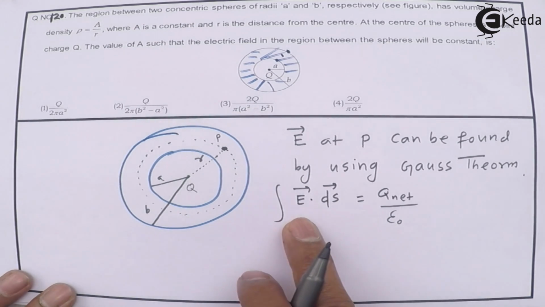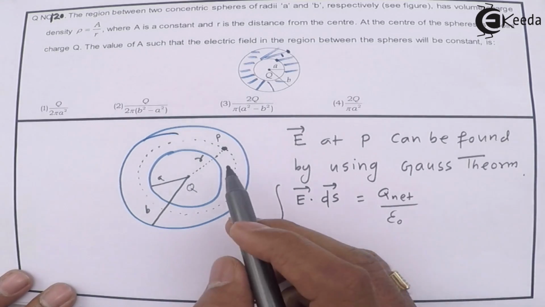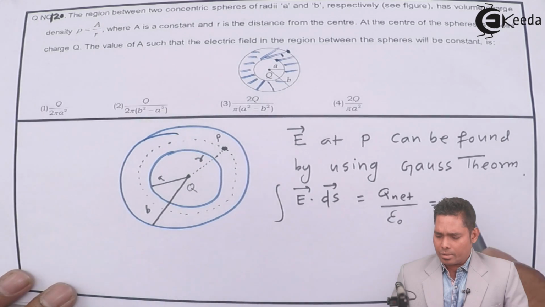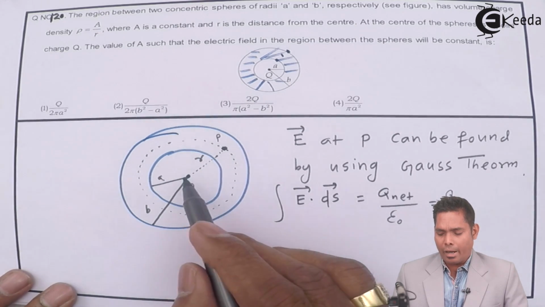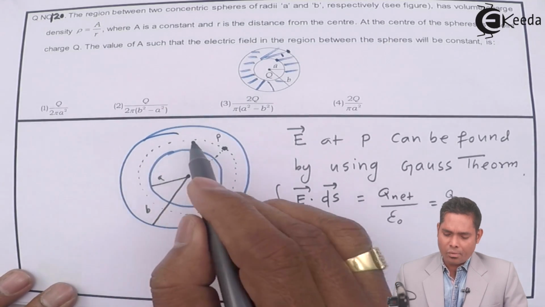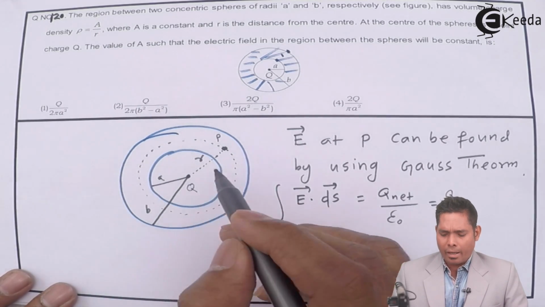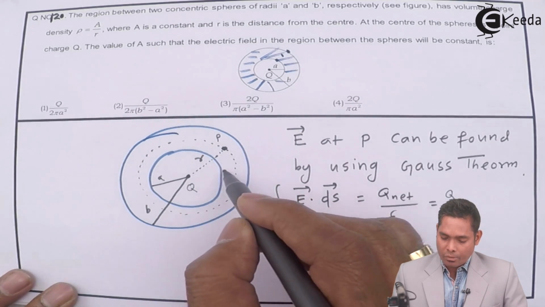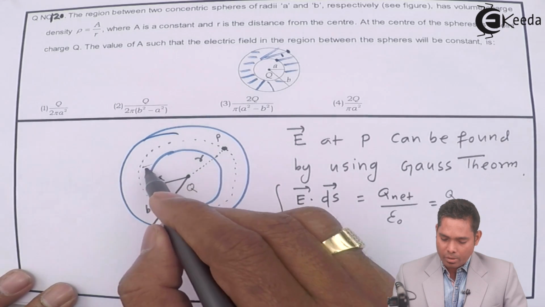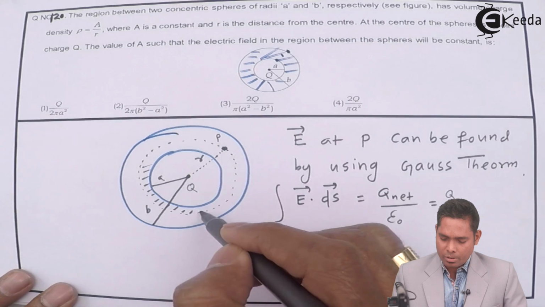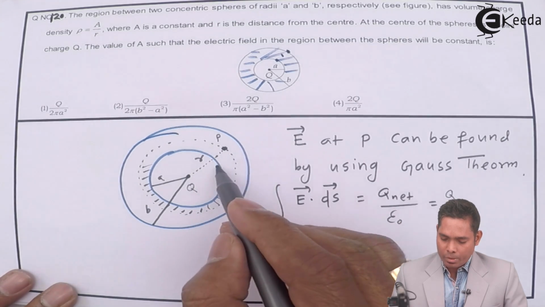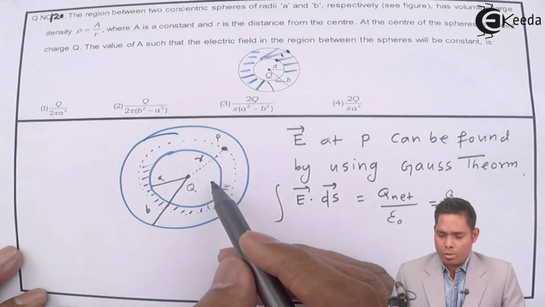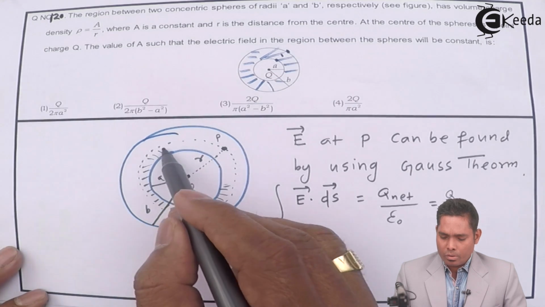Now the total net charge is a combination of the charge which is present at the center, that is Q, the point charge, which is already present within this Gaussian surface, and some other charges included in this surface within these boundaries from here to here. In this boundary we must have certain charges enclosed, because in this particular region we have charge density rho equals A by r. So this region might include some charge.